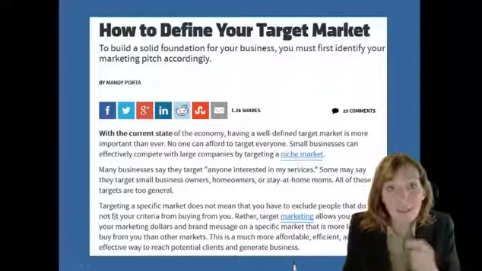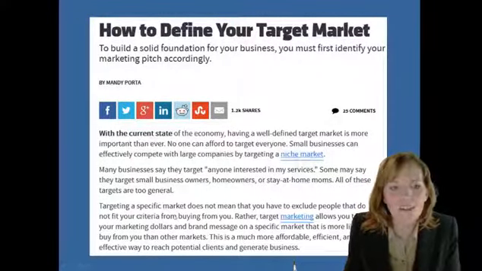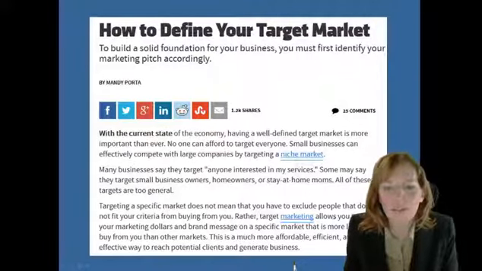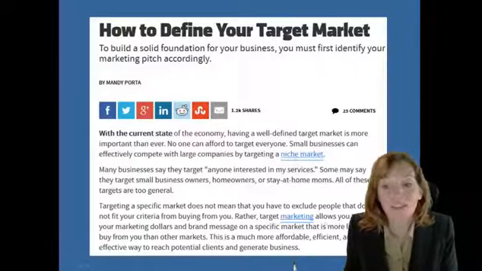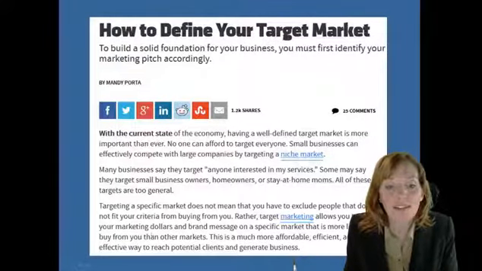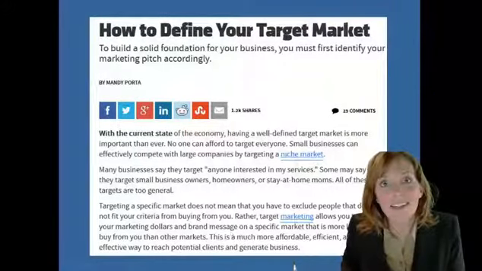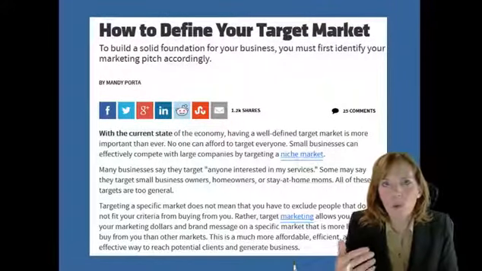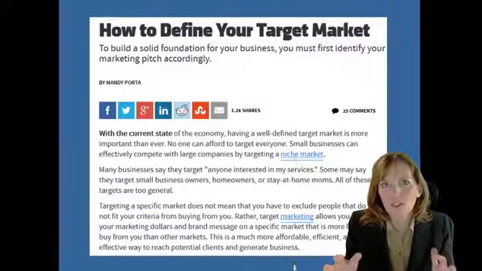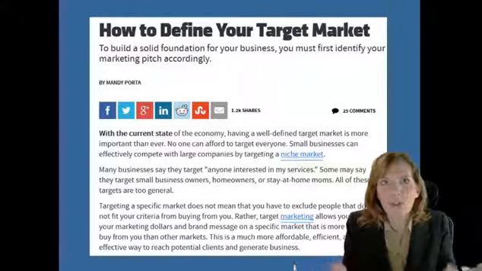And then specifically, as I read in this article, targeting a specific market does not mean you have to exclude people that do not fit your criteria from buying from you. Rather, target marketing allows you to focus your marketing dollars and your brand message, which is what we're doing next. How easy is it to decide what kind of language I want to use when I know who I'm trying to talk to?